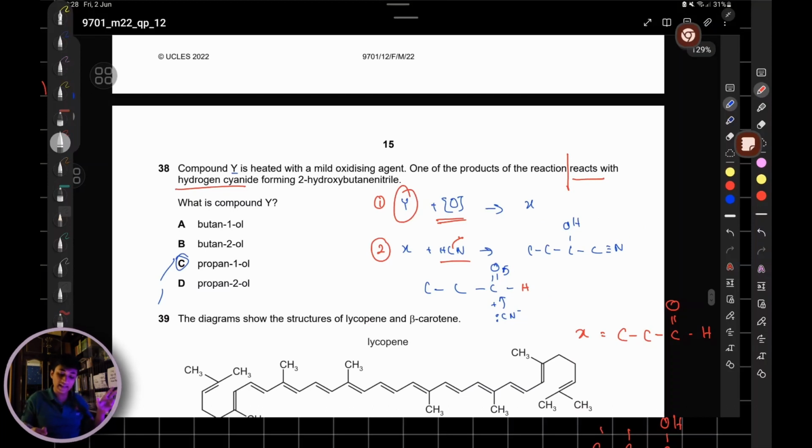Therefore, the aldehyde must have one less carbon atom. In that case, what will the aldehyde be? Very simple. It's going to be a propanal. 1, 2, 3. After the propanal reacts with hydrogen cyanide, a carbon atom attaches, and you have butane-nitrile.